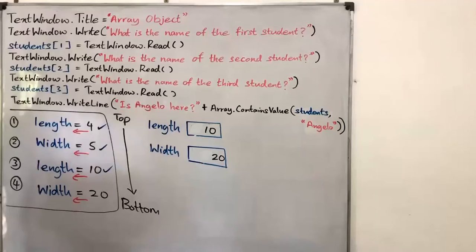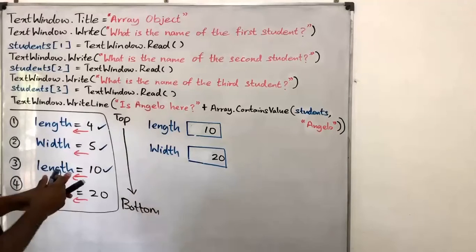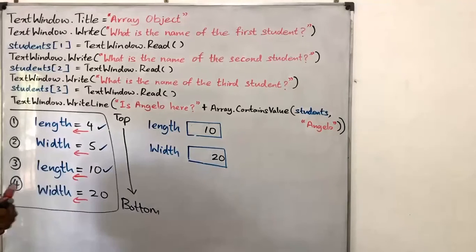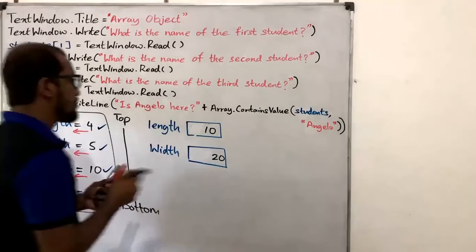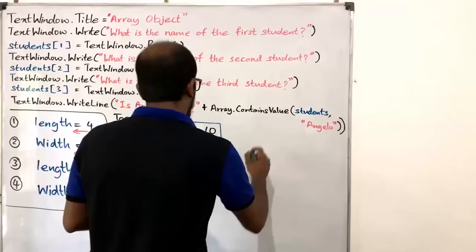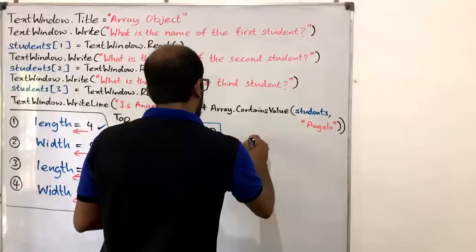An array is something like this. The structure is something like this. Now let's imagine this is an array.